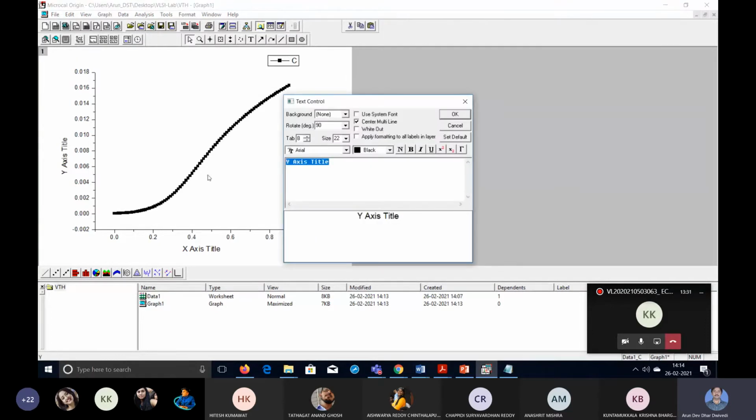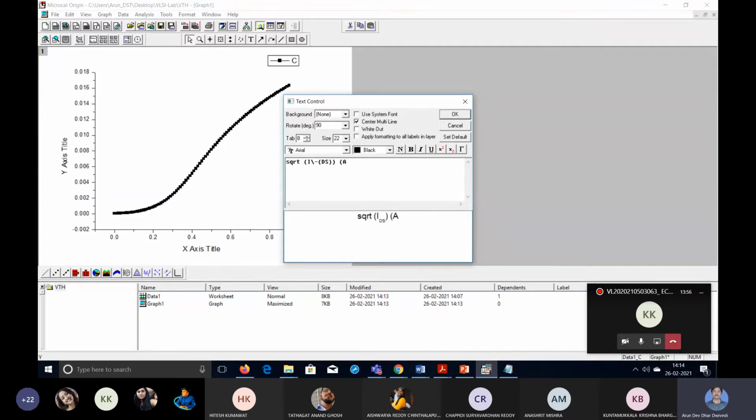On this axis we can write the square root of ID, SQRT of IDS. DS you want to make a suffix, you can choose this way, then close bracket. Then its unit also you want to write.